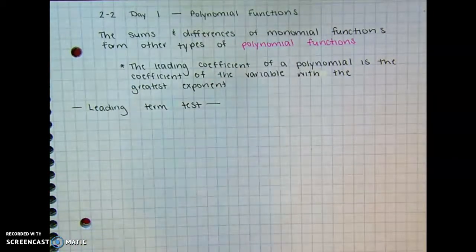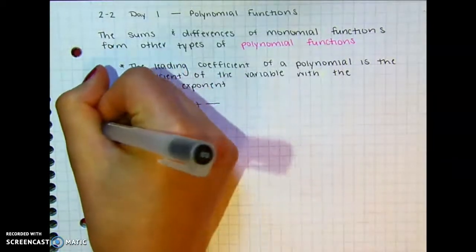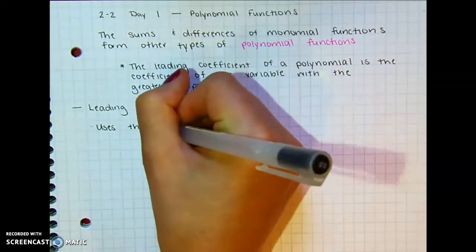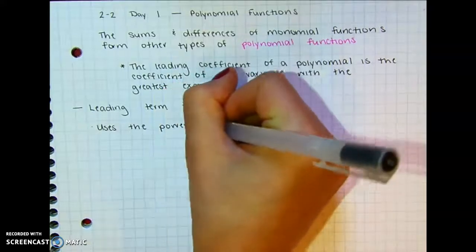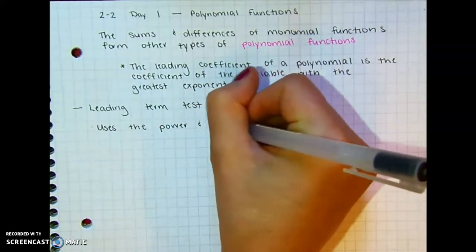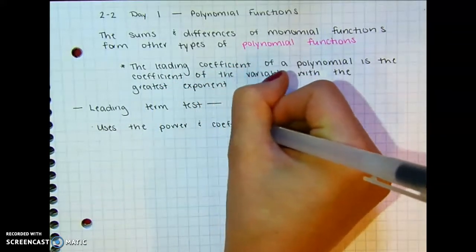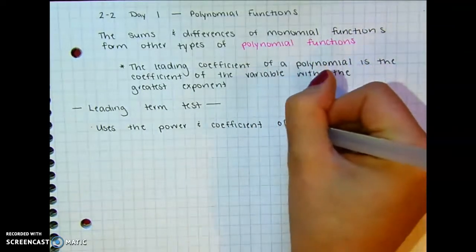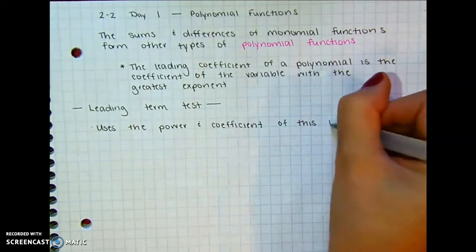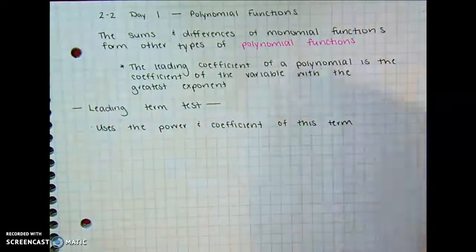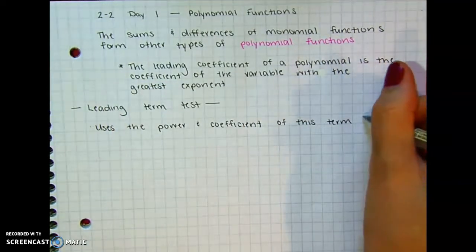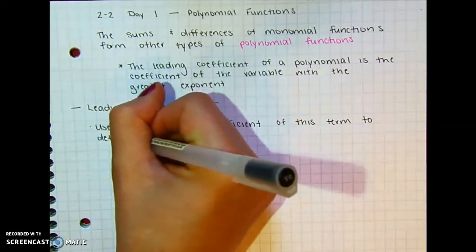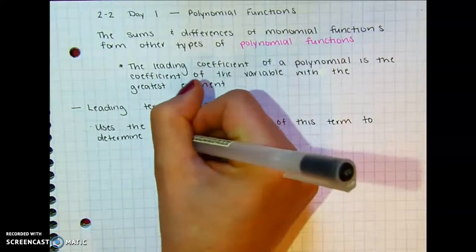So the leading term test uses the power and coefficient of this term, the leading term, to determine the polynomial's end behavior.